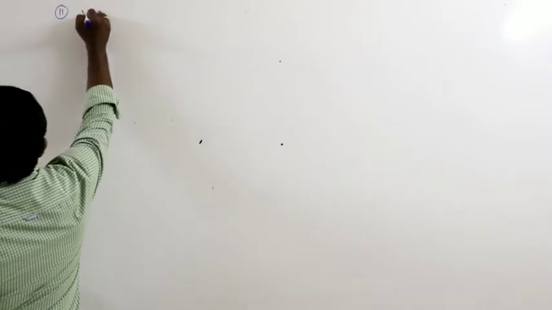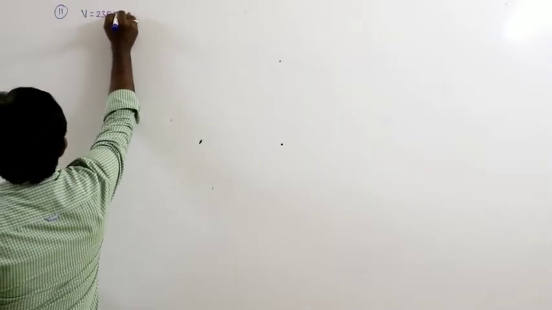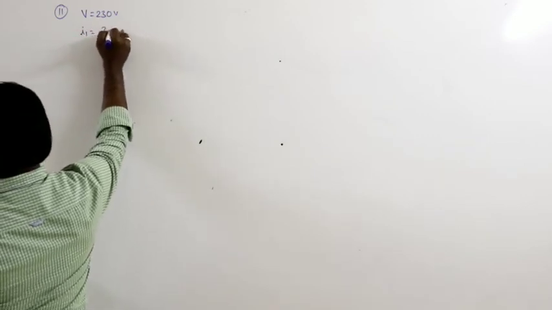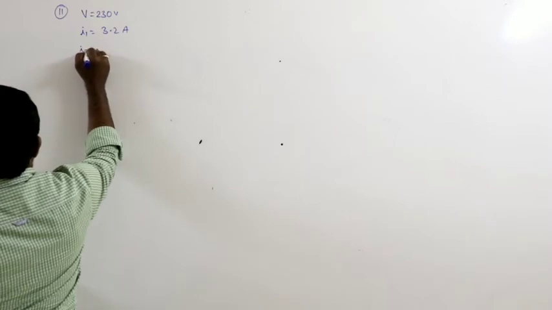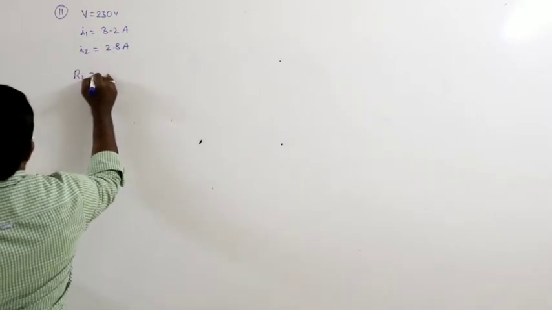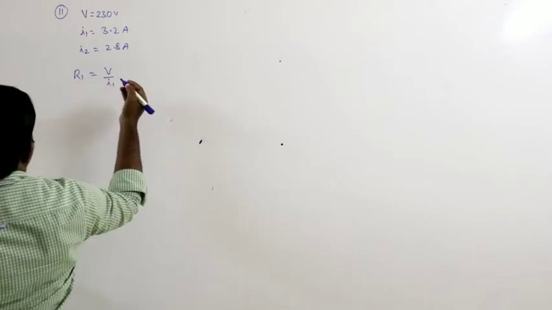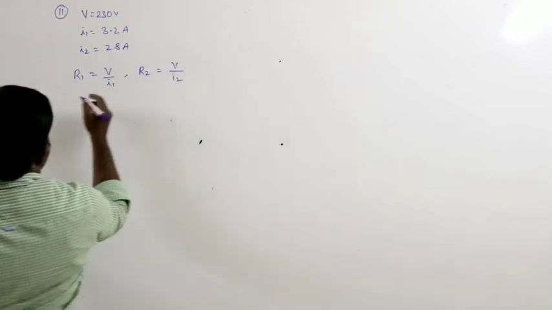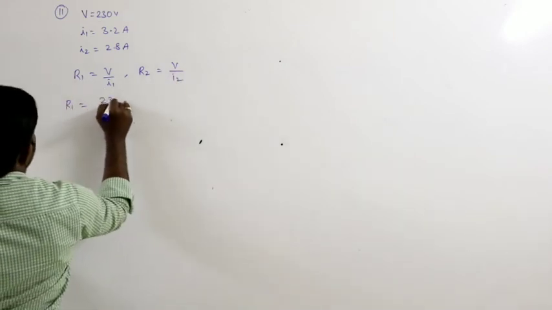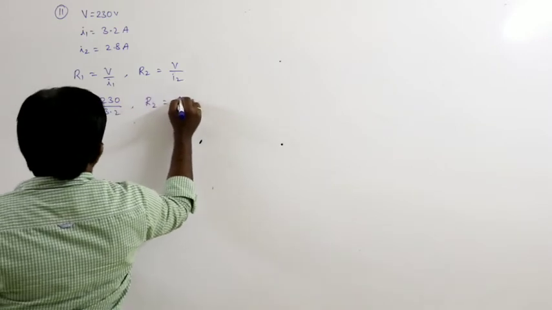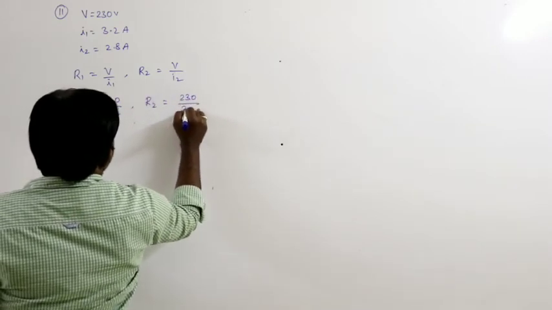So potential is given as 230 volts, and current, first I1 is given as 3.2 and I2 is given as 2.8 amperes. From this R1 can be written as V by I1, R2 can be written as V by I2. So R1 is equal to 230 by 3.2 and R2 is equal to 230 by 2.8.